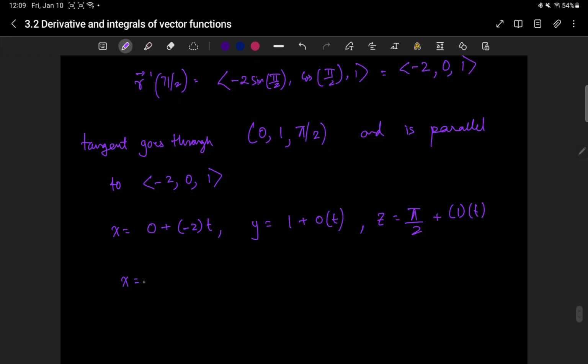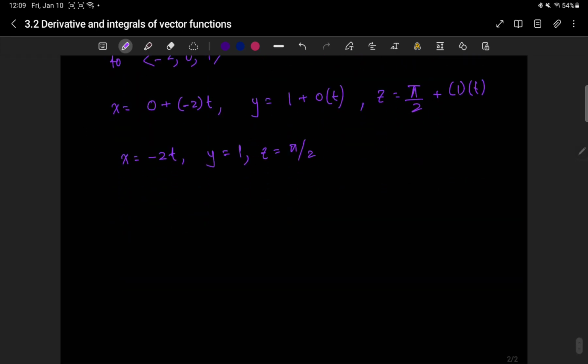So you get the parametric equation of the tangent line: x equals negative 2t, y equals 1, and z equals pi over 2 plus t.